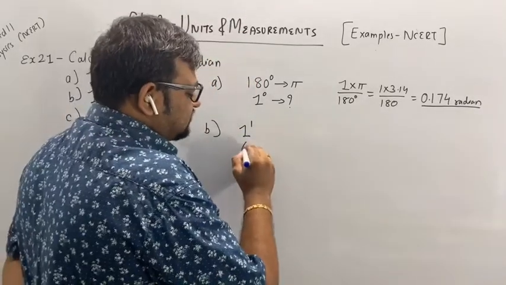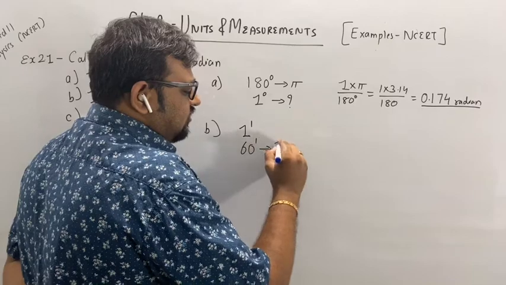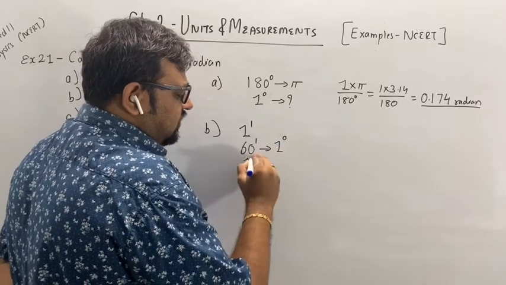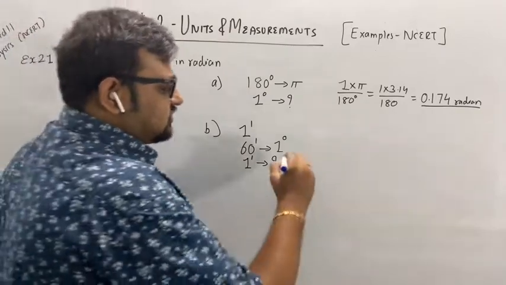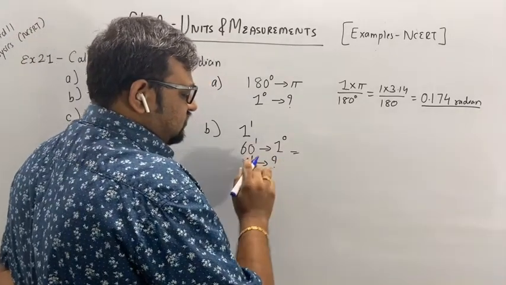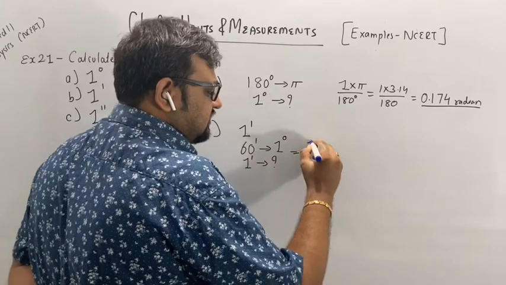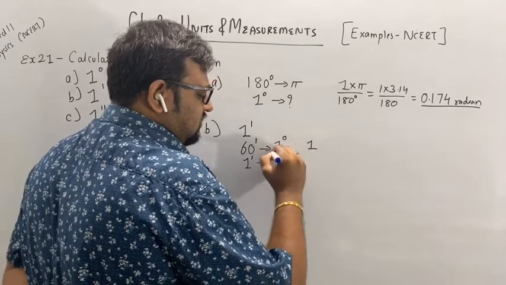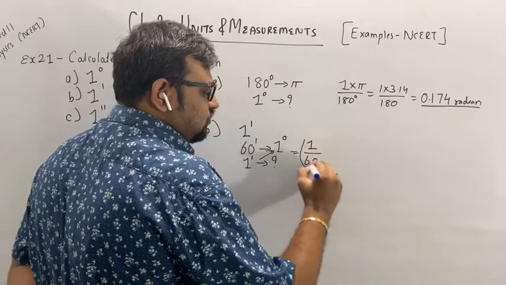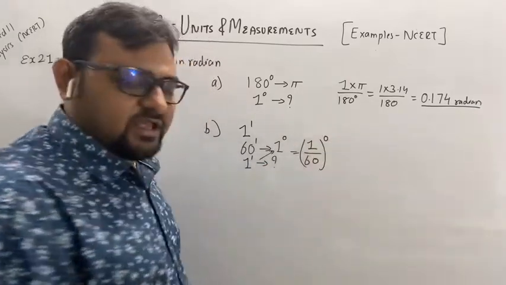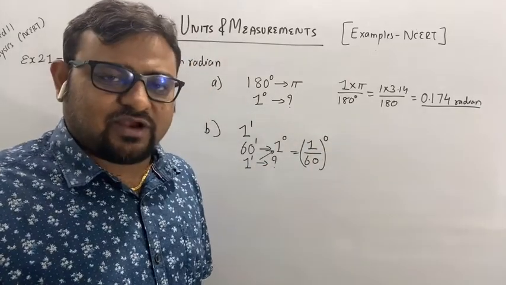So 60 minutes is 1 degree, 1 minute, how much? It will be 1 into 1 divided by 60, so 1 upon 60 degree. Don't calculate it now. Calculate at the last stage.